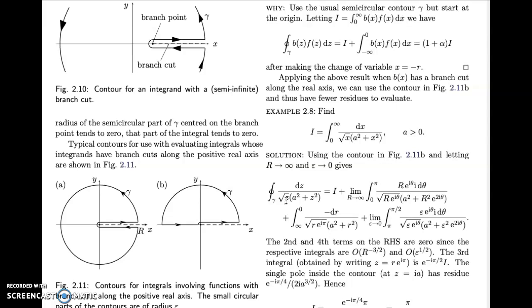So taking the square root of that gives us e to the i pi by 4, and it's 1 over, and it's a square root of a, so that gives us the a to the 3/2. And z equals ia, so that's where the i came from.